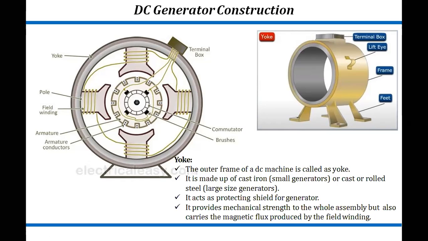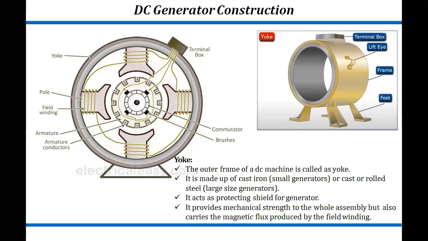And if you see inside the outer covering, the frame, we are putting the yoke, and we can make the yoke by using cast iron or cast steel, and it will give support and protection to the assembly of the DC machine. It means the yoke is giving support to the DC machine.